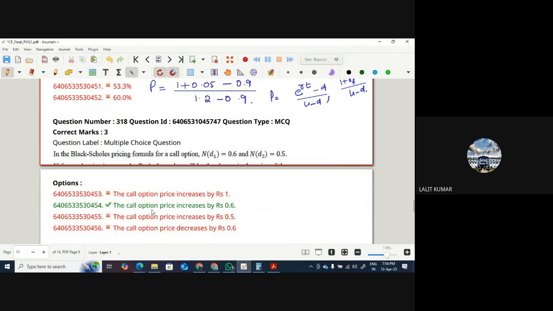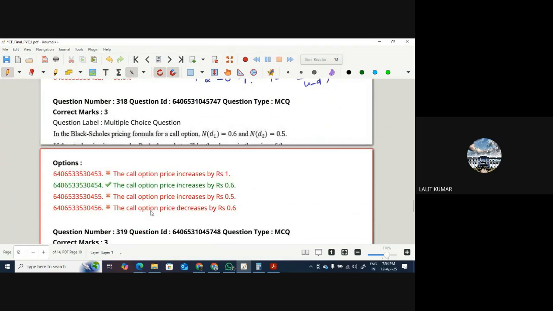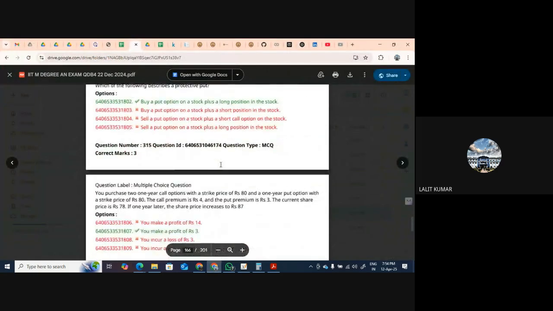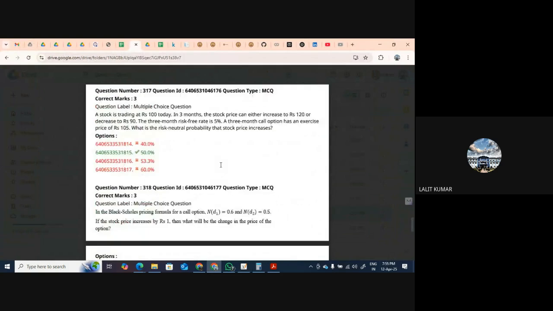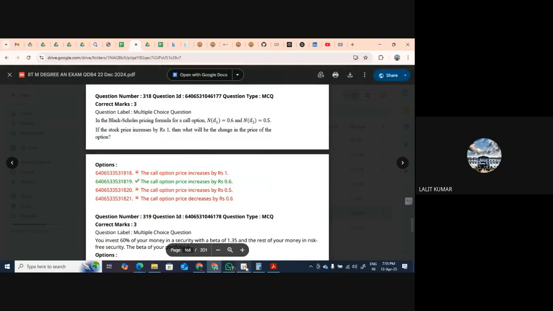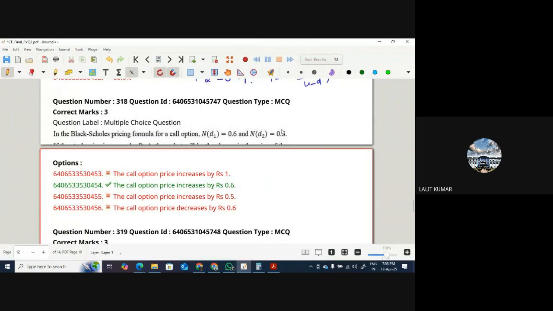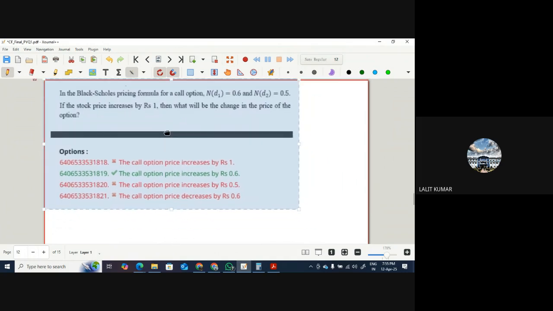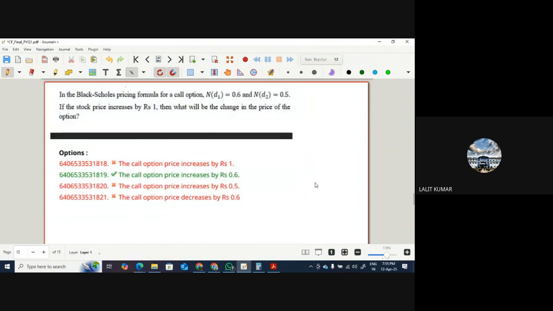Okay, next. This question is incomplete, so let's see this question. This is the Black-Scholes pricing formula for a call option.